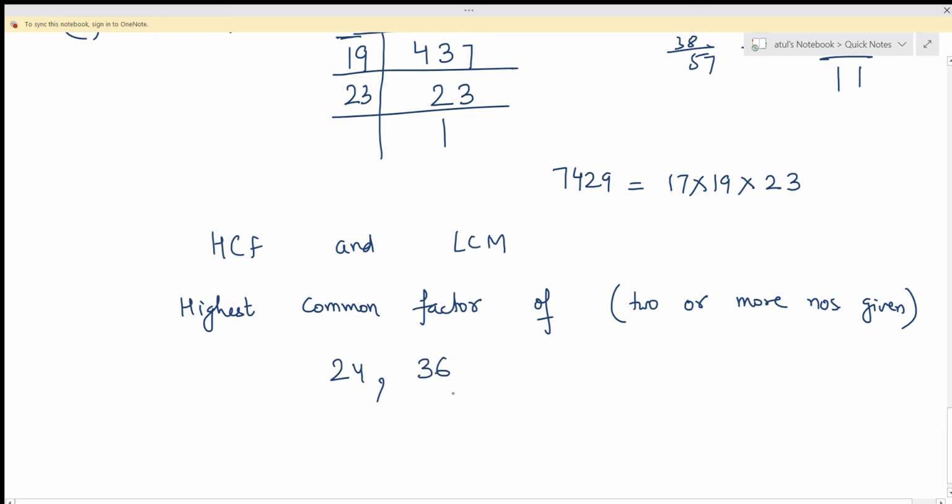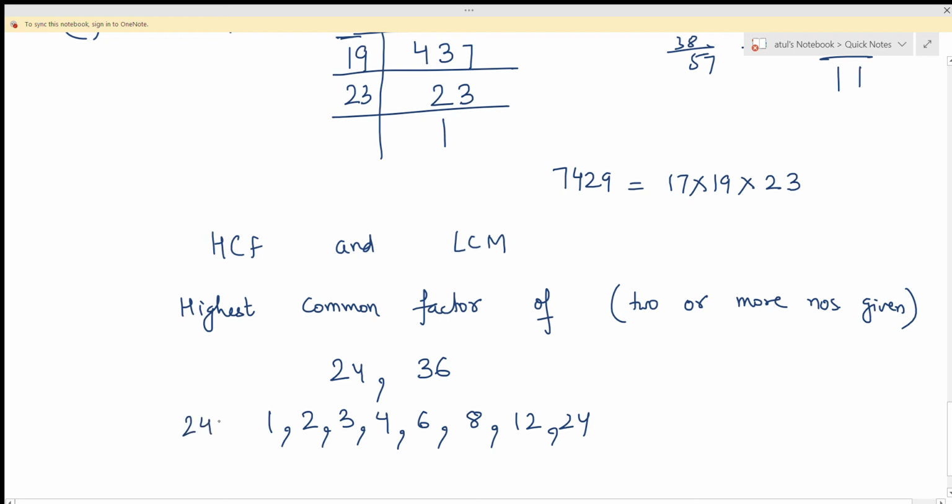So what are all the factors of 24 and 36? If you check, the factors of 24 are 1, 2, 3, 4, 6, 8, 12, and 24 itself. 12 is also there because 12 twos are 24, 3 eights are, 4 sixes are, and then 24 ones are. All these are the factors. For 36, what are all the factors?